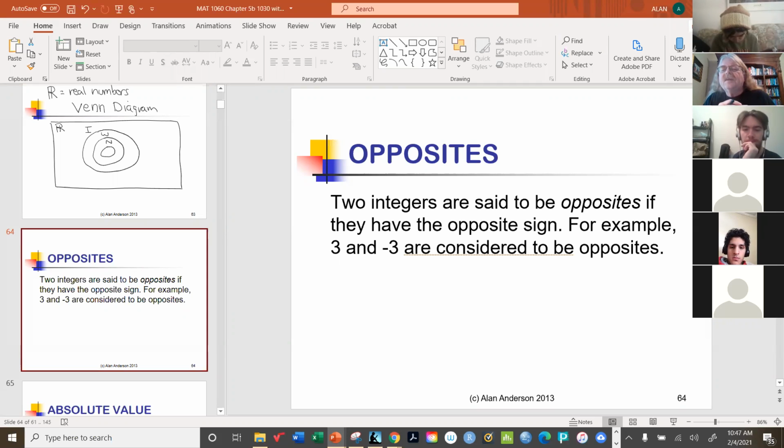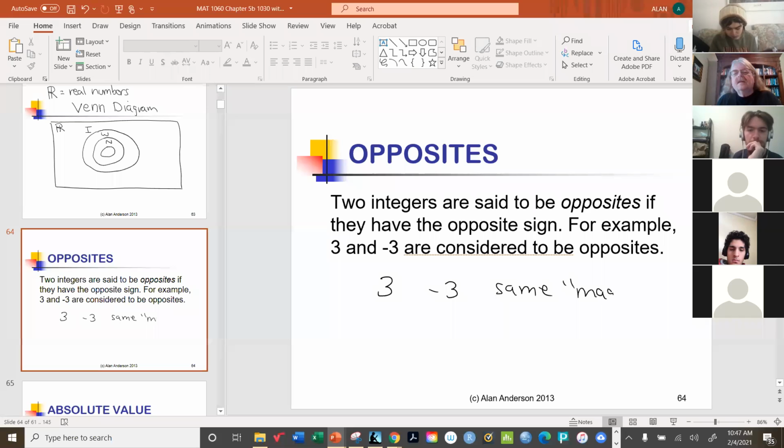But here it just means they have different signs. So in other words, 3 and -3 have the same magnitude, but different signs. And so therefore we say that 3 and -3 are opposites.